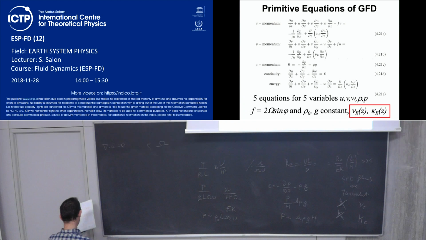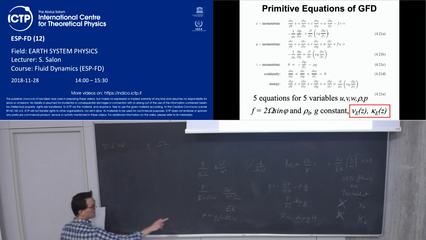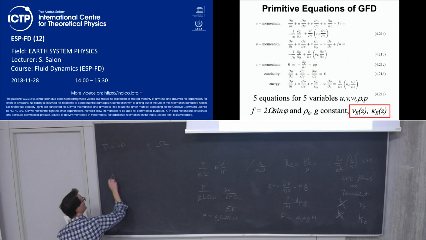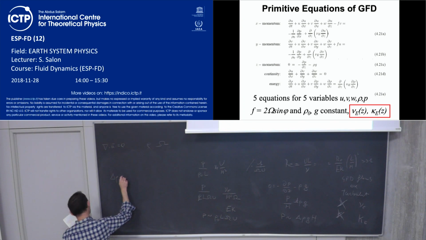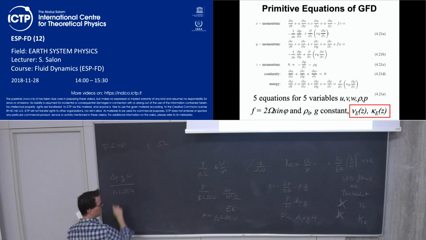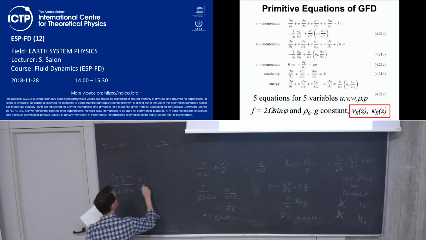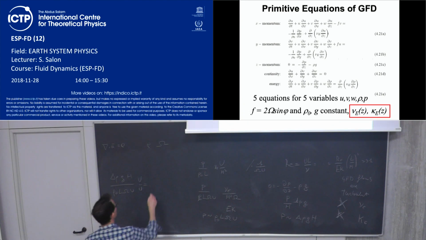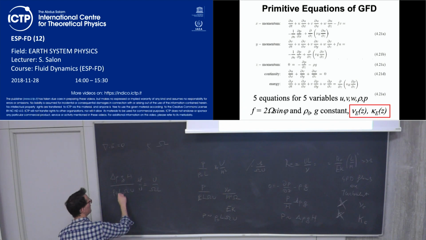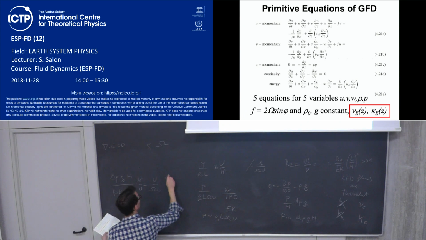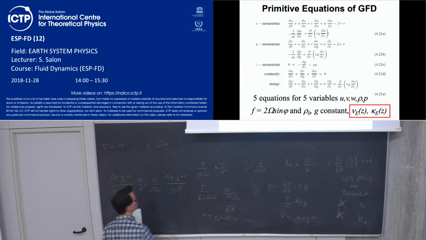If we take the ratio between the two terms, we have delta rho g H over rho 0 L omega U. We multiply up and down by U, and so we have U over omega L, and then delta rho g H over rho 0 U squared.